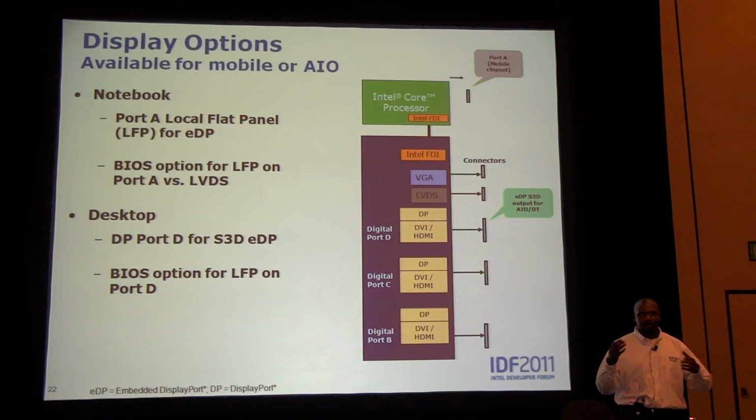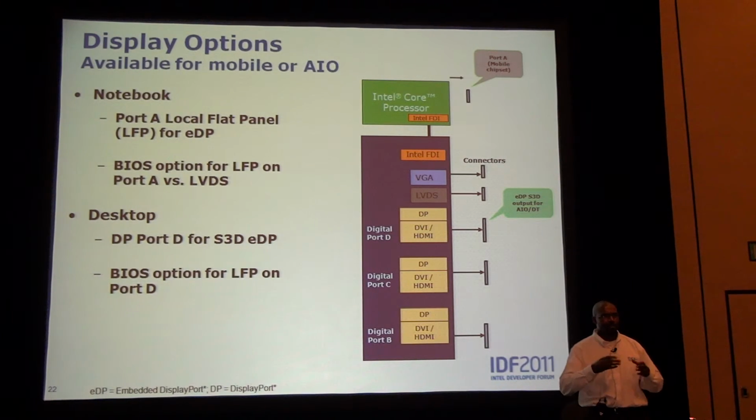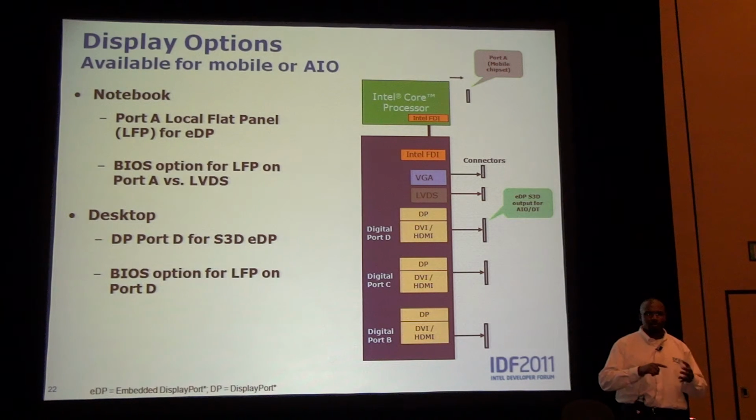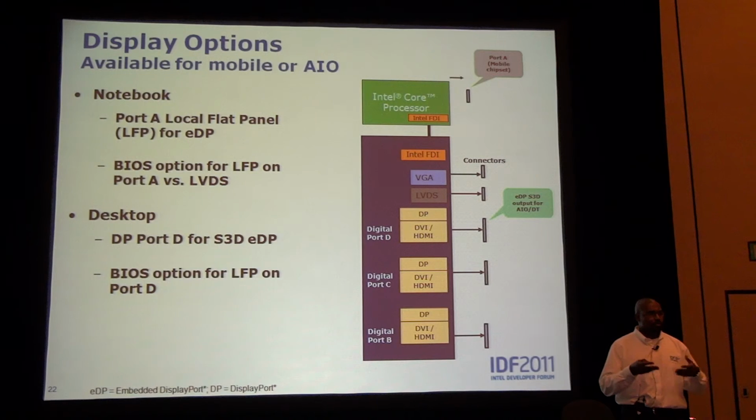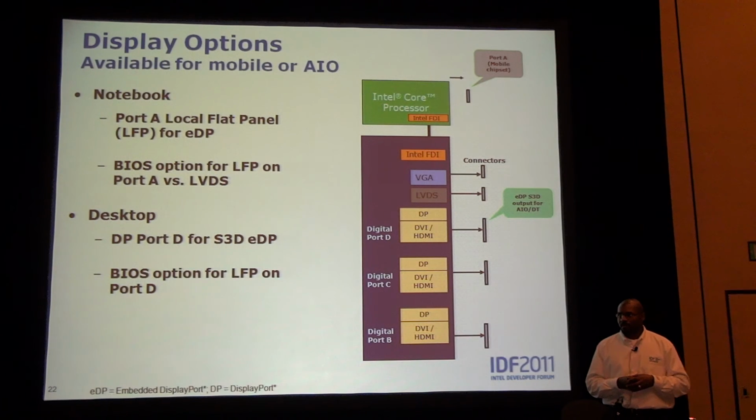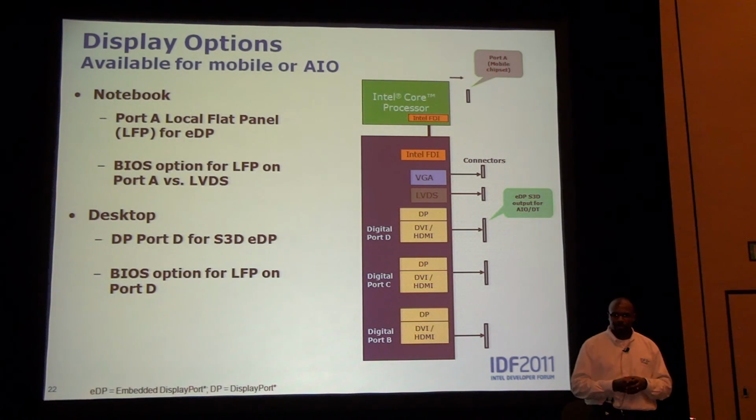Based on the two scenarios, one would have to set up the platform to make sure that our video BIOS, our driver, and some of the software components know what platform you're on, desktop or mobile, know where the display is sitting, what port the display is sitting off of, and then ultimately give that great 3D experience.